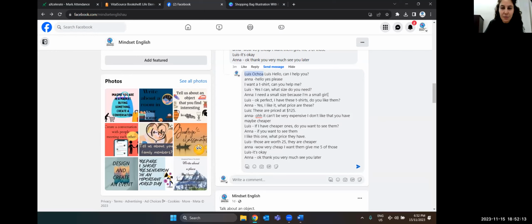I would just say I need a small size because I'm quite small. We say because I'm quite small. So I would probably put it that way, because when I'm a small girl, I think of a little girl. Unless you say, oh, I want a small size for my daughter because she's little. So I really wouldn't say I'm little, because little is more for, oh, my daughter's very little.